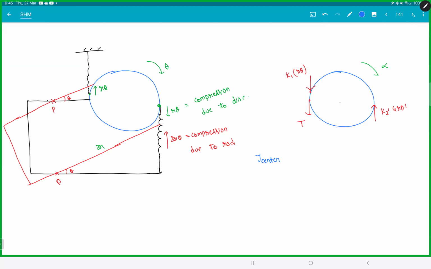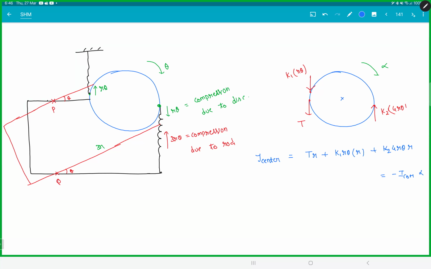So torque about the center will be T into R plus K1 r theta into R plus K2 4r theta into R is equal to minus I center of mass alpha.